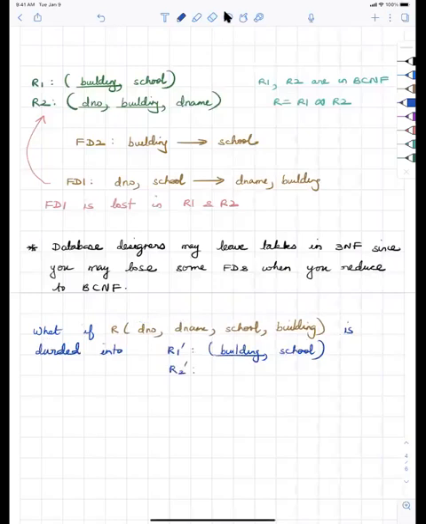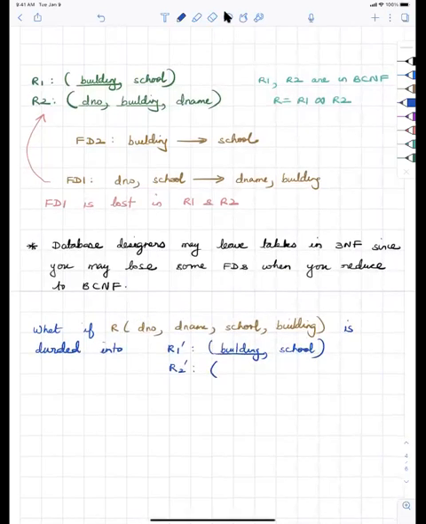R1 is similar, but for R2 dash, instead of bringing down building, what if I just brought down school?